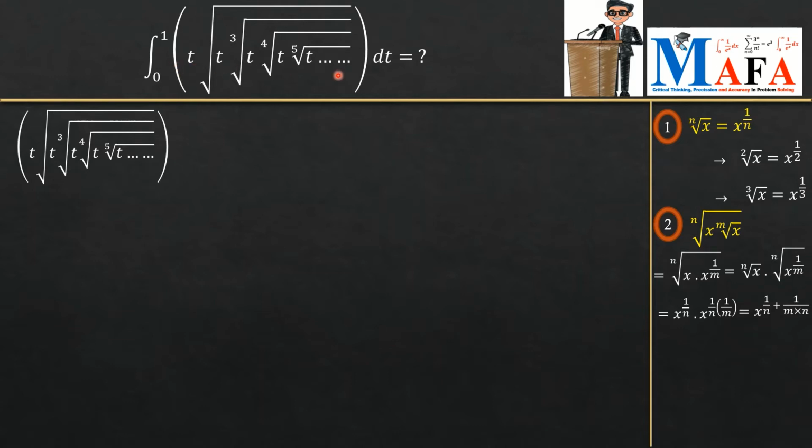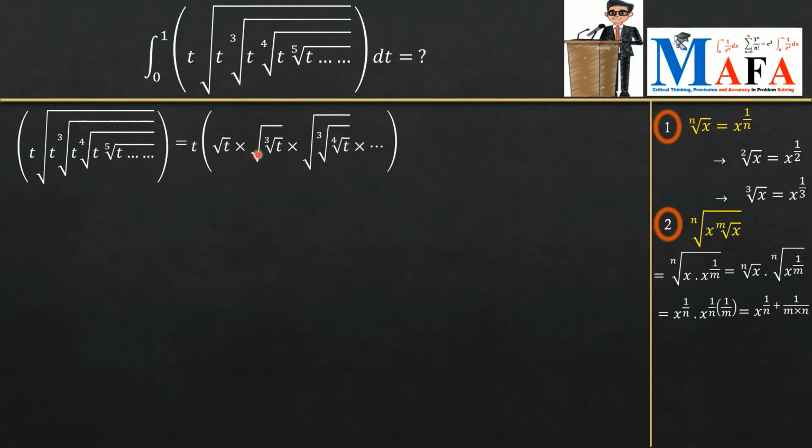So that is the integrand. Using the first and second recalls that I have given, we can get this integrand to be simply, now this t remains here. Here is a square root of t times the cube root of t, the fourth root, and so on and so forth.